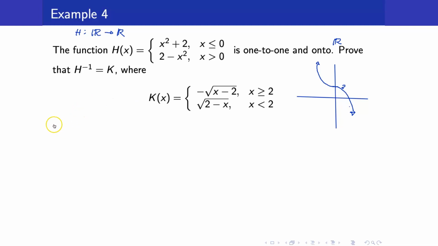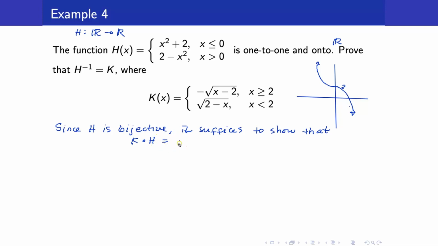So I will say that since h is bijective, it suffices to show that k circle h is equal to the identity function on R, or equivalently, k circle h of x is equal to x for all x in R. Again, they already have the same domain and codomain, R. Okay, so let us now compute k circle h of x.